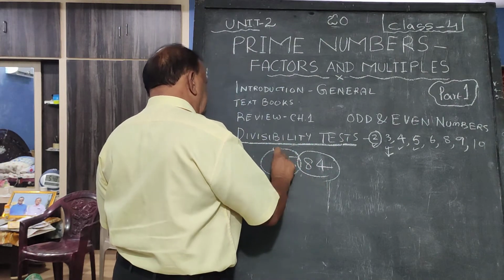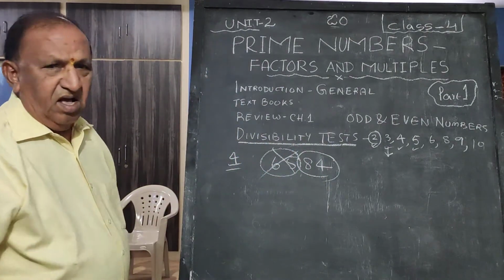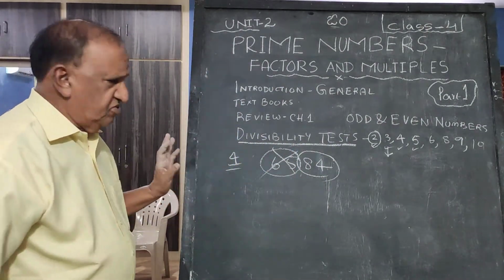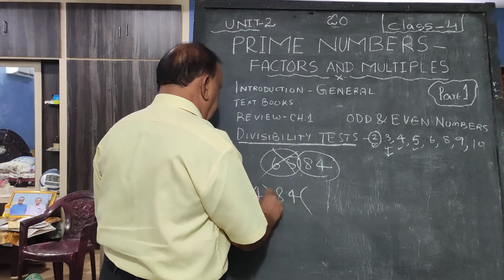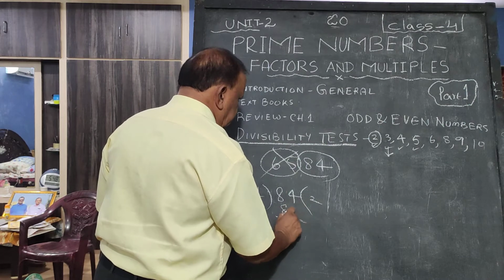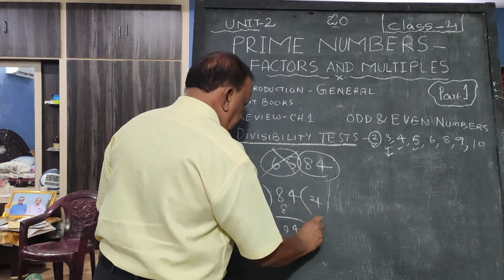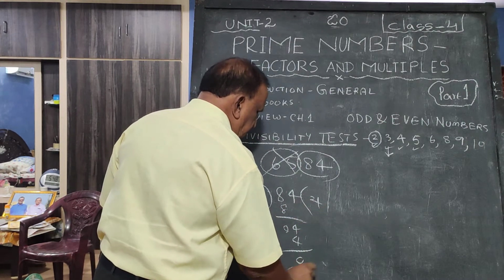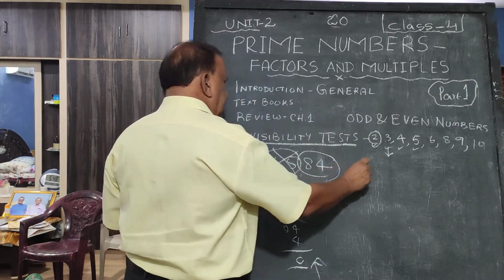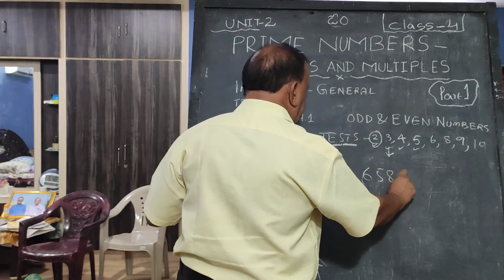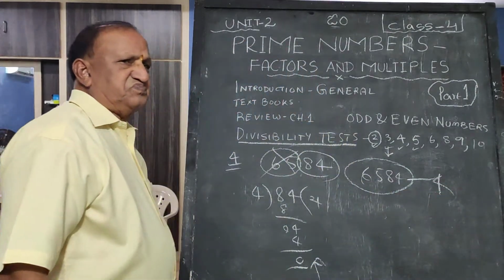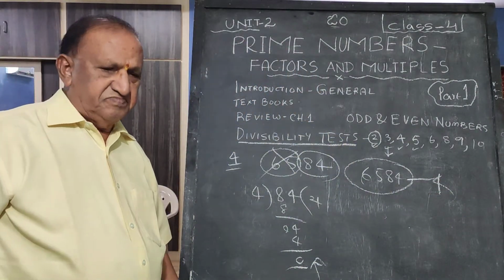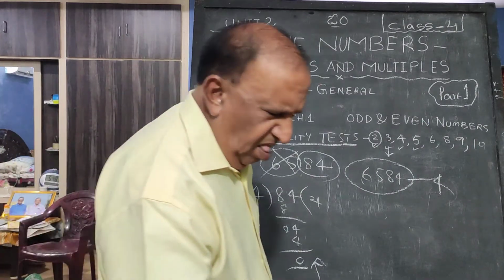Don't worry about the other ones. Take the last two digits, which is 84. If you divide by 4, 4 2s are 8, and 4 1 is 4, so the remainder is 0. Therefore, this 6,584 is divisible by 4. Easy. Understand me?